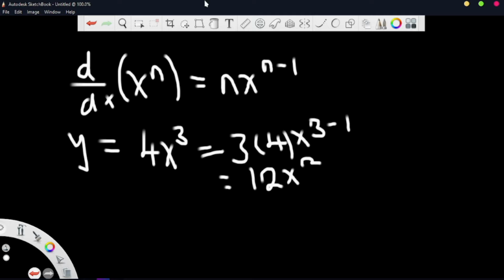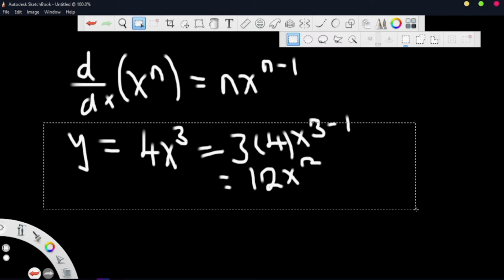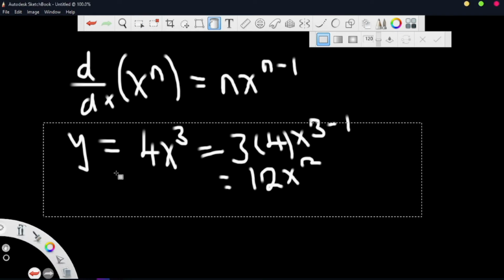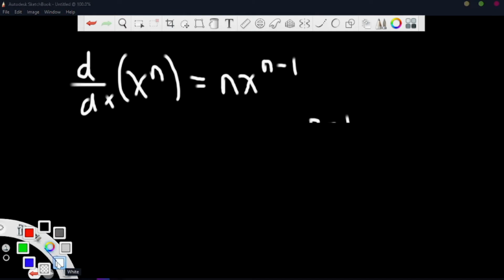The power rule can be applied on different examples. But let's try this one out. Let me clear everything, and then let's say we have x to the power 4.